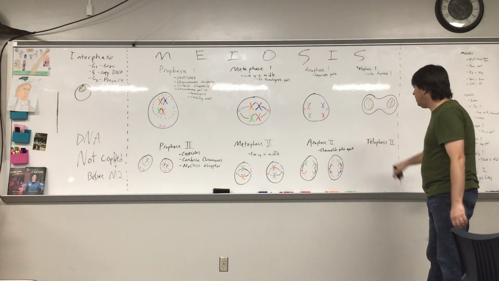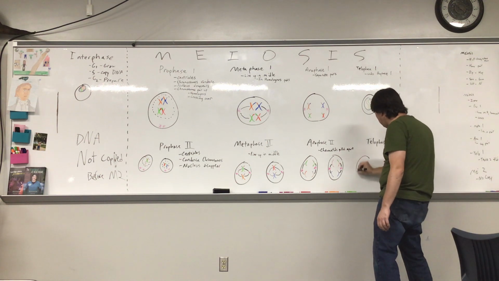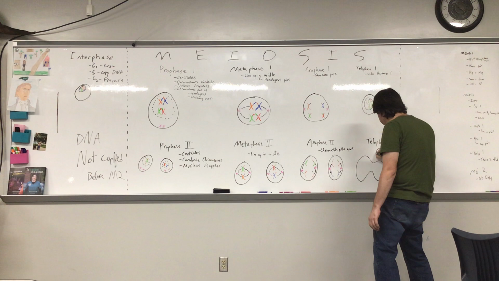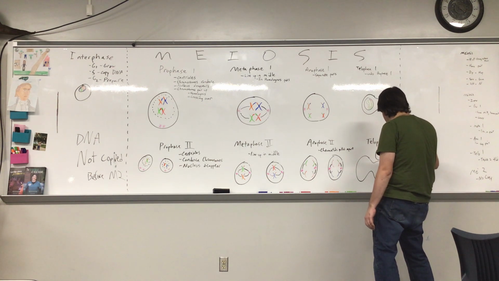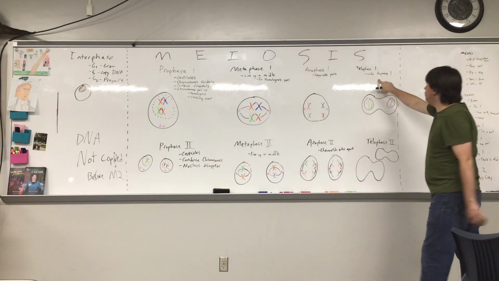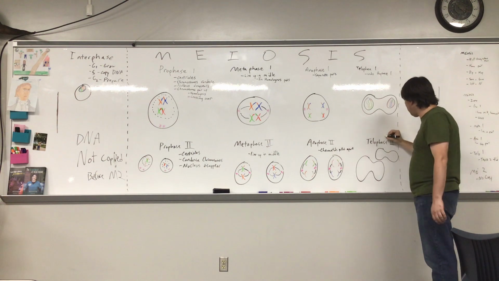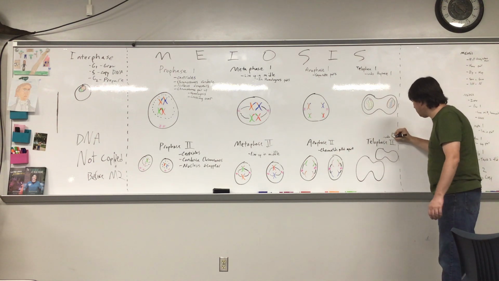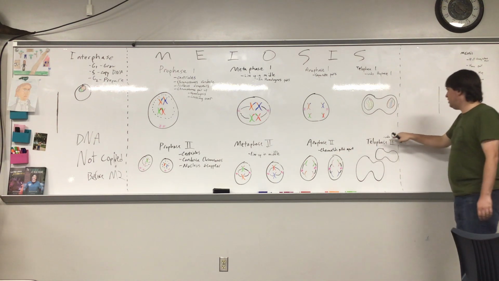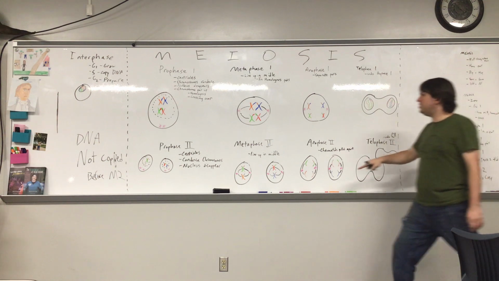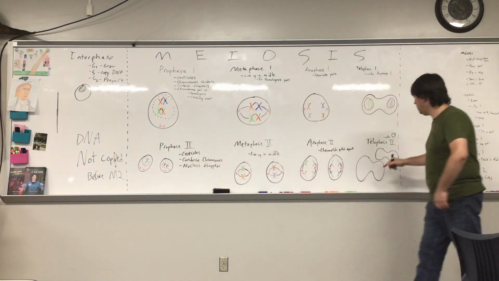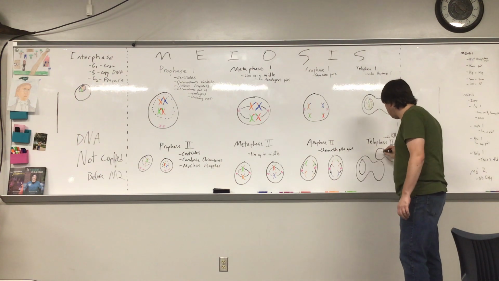And finally, in telophase, we start to form two different cells. Same thing that you see up here, except we are undoing prophase 2. We are undoing what happened here. And we are forming those two cells.